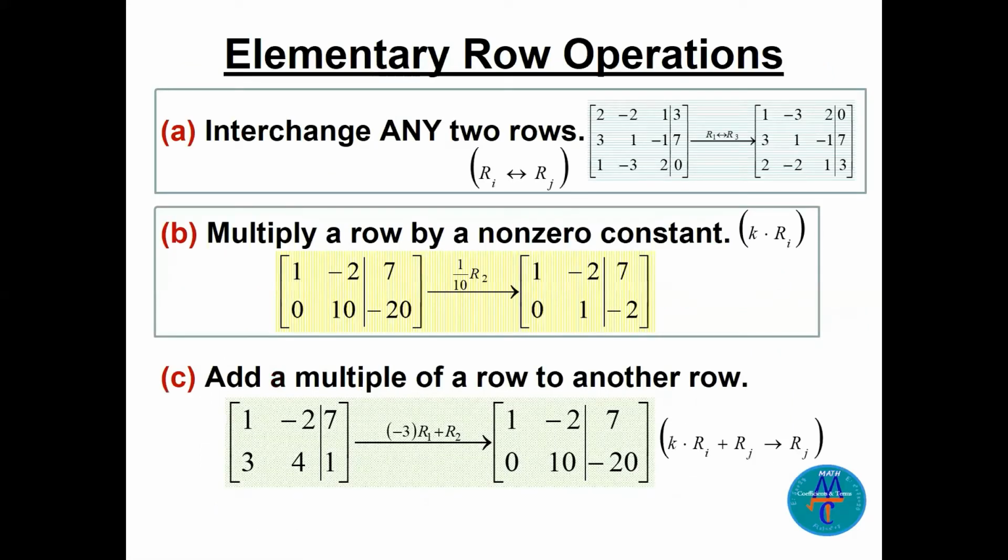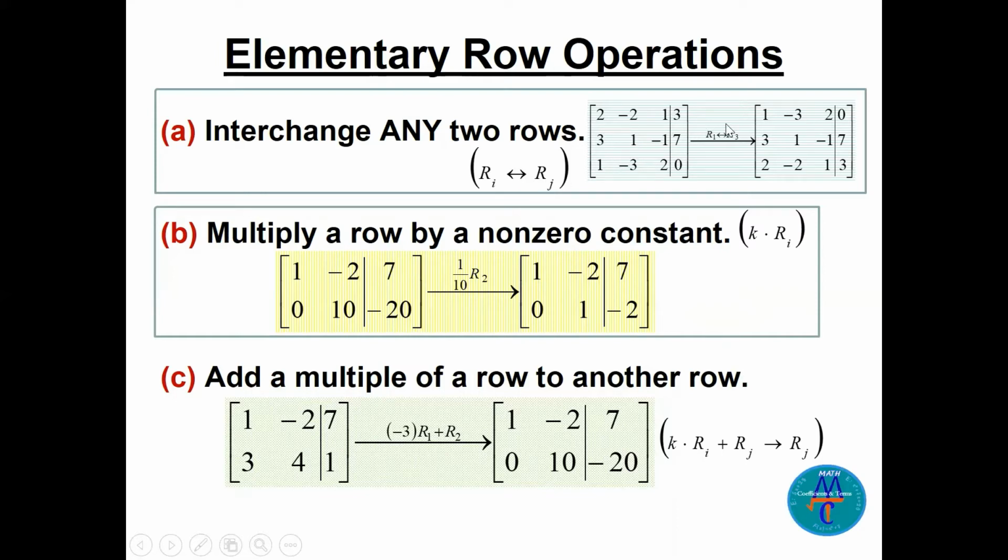Now we have 3 elementary row operations. We can use them in the method of Gaussian elimination. Interchange any 2 rows. If we have augmented like this, we can change any 2 rows, like row 1, row 3, row 2, row 3, etc. So here we have row I and row J can be interchanged.